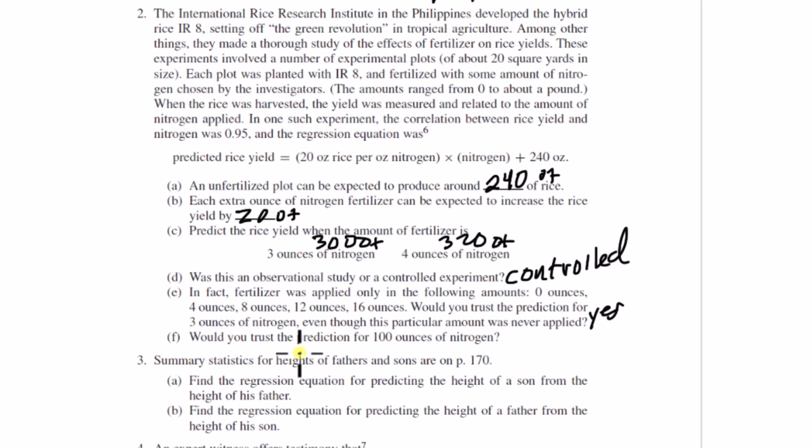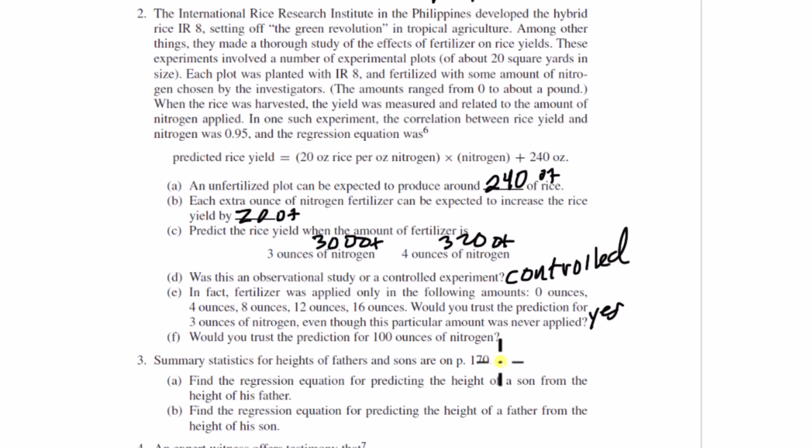Would you trust the prediction for 100 ounces of nitrogen? Okay, well, a caveat here is that assuming you're also in the middle of the regression. So no, in this case, no, because once you get too far out from the middle of the data, then you have to be careful. So I'm assuming that's what they're talking about here.